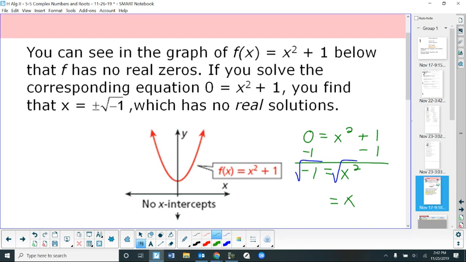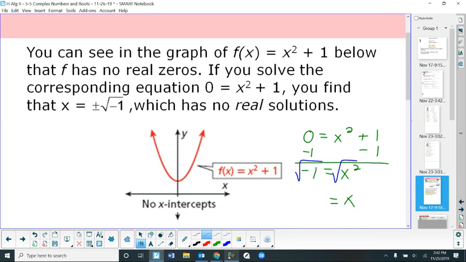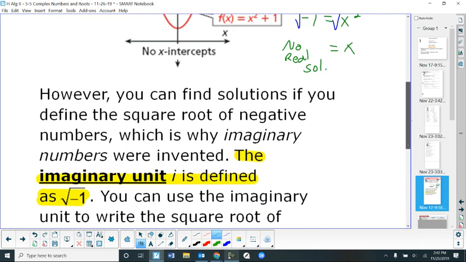It's just defined as a non-real solution. If you put the square root of negative 1 into your calculator, you get a non-real answer. So we say there are no real solutions. No real solutions. But today we are going to change that.